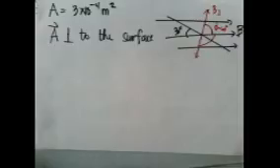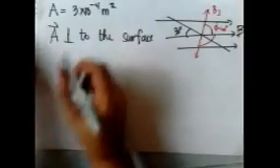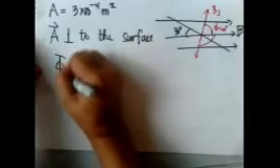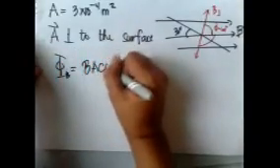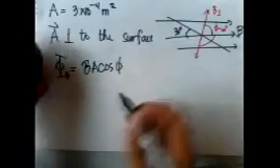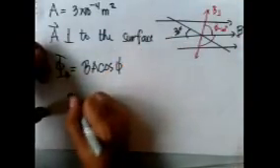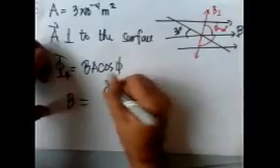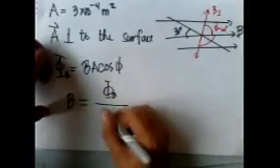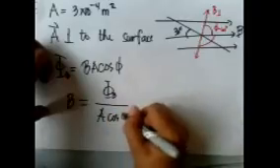Therefore, from our equation of the magnetic flux, which is BA cosine phi, our magnetic field is equal to the magnetic flux over A cosine phi.